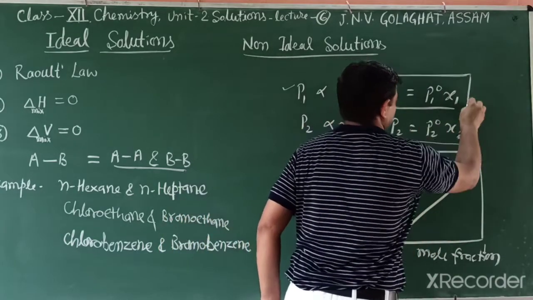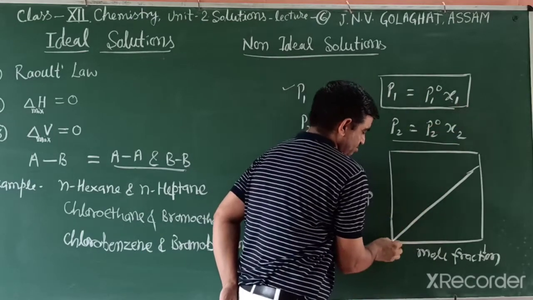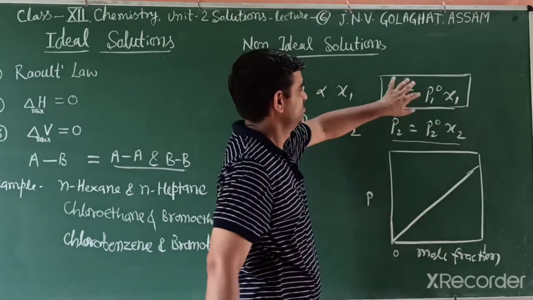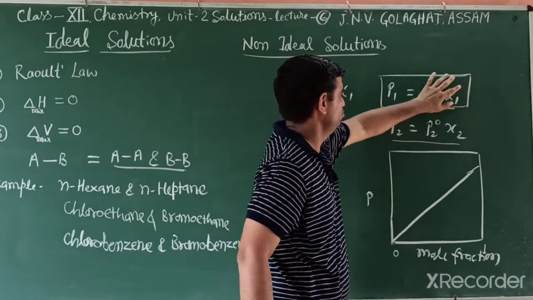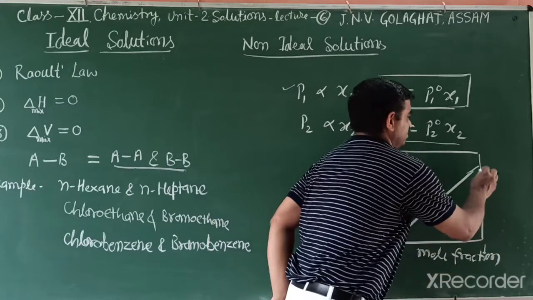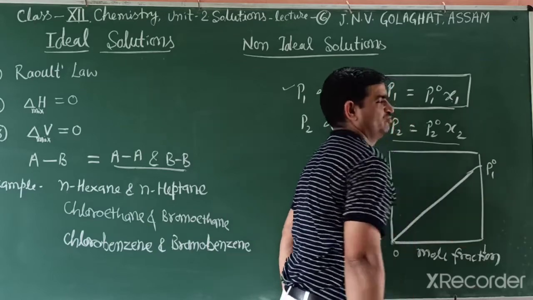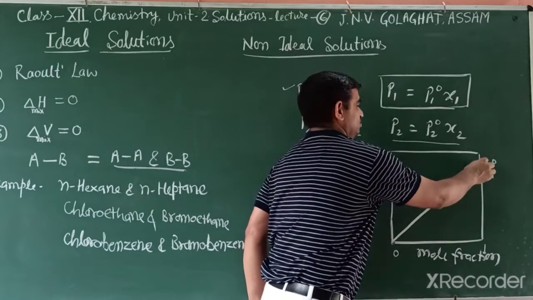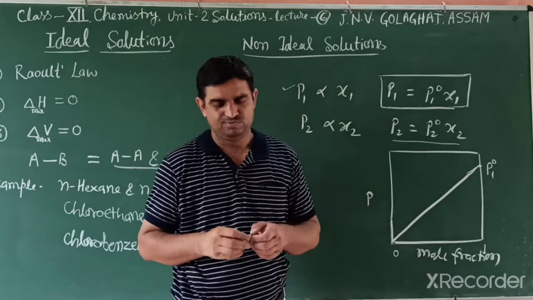Because when the mole fraction is 0, the vapor pressure of the component is also 0. When the mole fraction is 1, that is the maximum, the vapor pressure equals the pure vapor pressure of the component. So this is Raoult's law if both components are volatile.